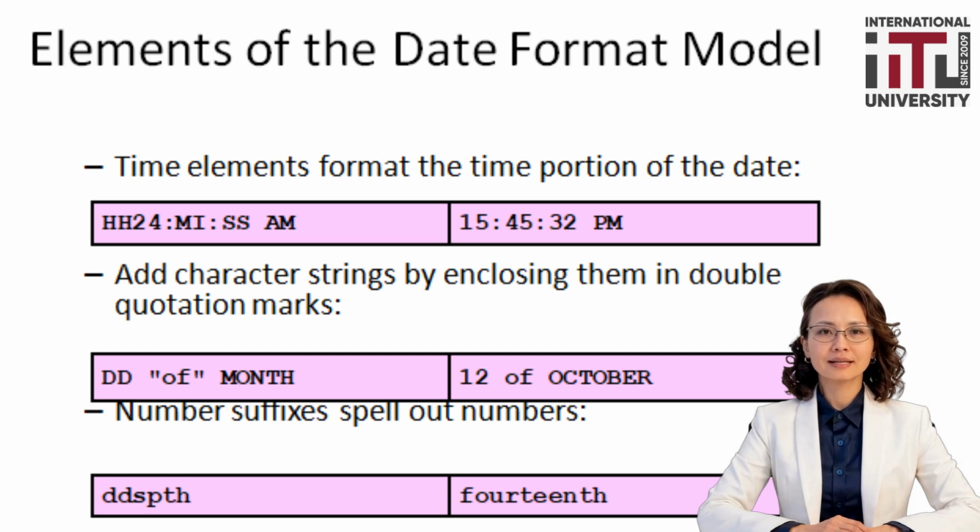For instance, DD "of" Month produces results like 12 of October. Finally, number suffixes can be used to display numbers in a spelled-out form. For example, DDSPTH converts a numeric day into its textual ordinal form, such as fourteenth. Overall, these features provide greater flexibility in formatting dates, allowing you to create more readable and user-friendly output.